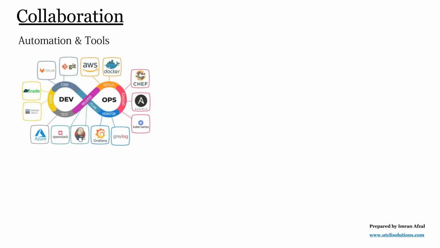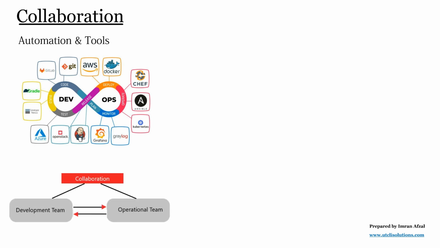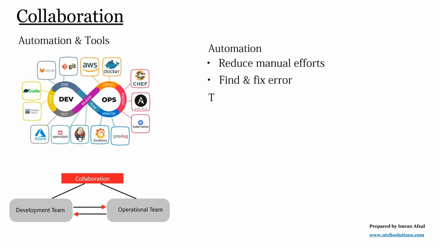Automation and DevOps tools facilitate the collaboration. Automation reduces manual, error-prone tasks, and DevOps tools enable teams to collaborate on code integration, testing, deployment, and monitoring.